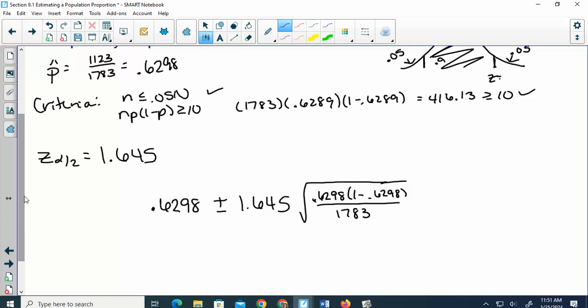So now we put all this in. Just do 0.6298 minus, and once you type in a minus, you can just hit second enter and bring it up and do the plus.